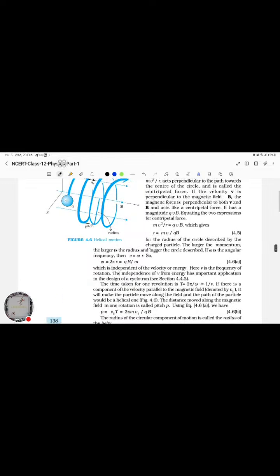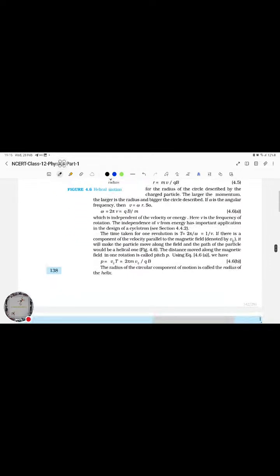So as you can see, in the particular scenario where there is solely the presence of a magnetic field in that place, there is a motion of a charge in a radius equal to mv by qB, and as the momentum increases, the radius increases as well.